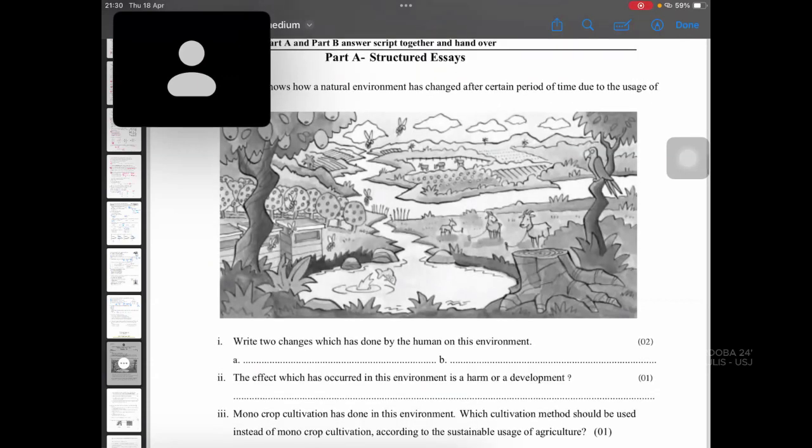Now here, looking at this picture, we'll do only the first part: try to identify the changes done by humans on this environment. You can see a paddy field, no? So that is destruction of natural vegetation.